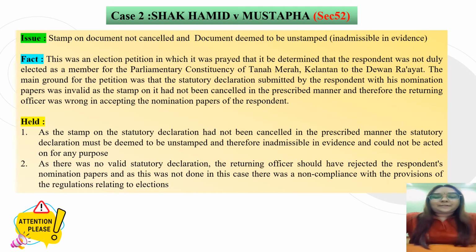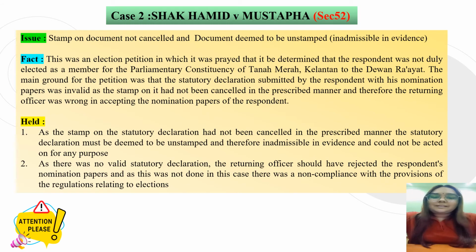to the Dewan Rakyat. The main problem for the petition was that the statutory declaration submitted by the respondent with his nomination paper was invalid, as the stamp on it was not cancelled in the prescribed manner, and therefore the returning officer was wrong in accepting the nomination paper of the respondent.